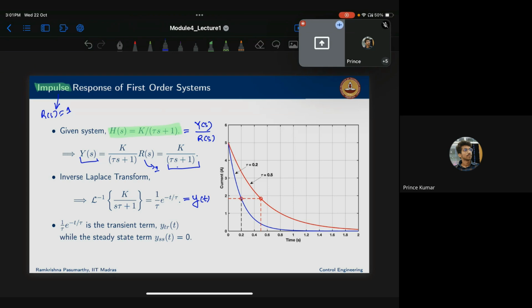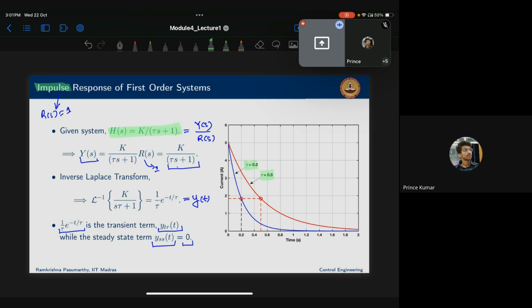Now if you see here, this is the transient term. This term represents the transient term, whereas the steady state term is always 0. For different values of tau, when tau is 0.2, the response takes less time.